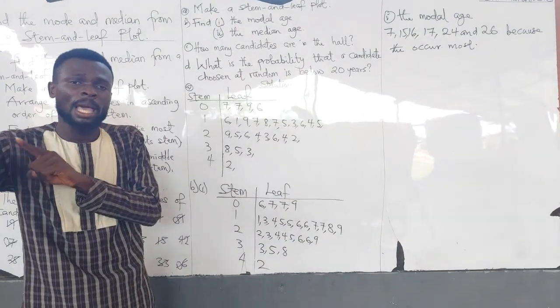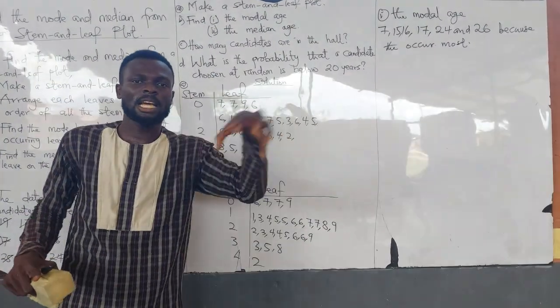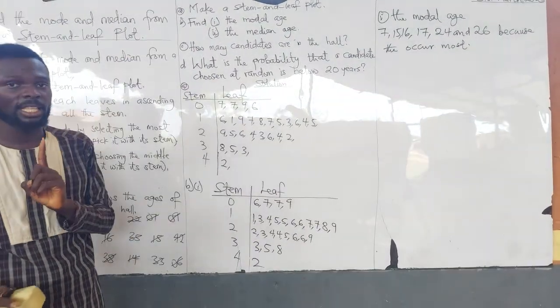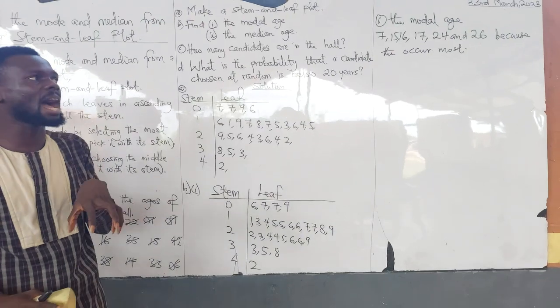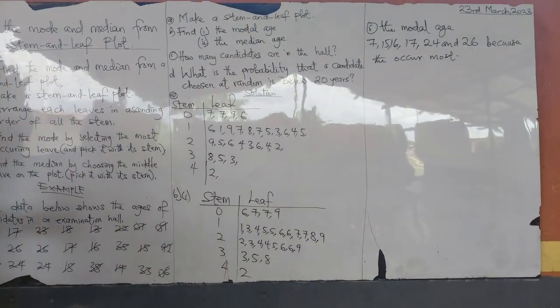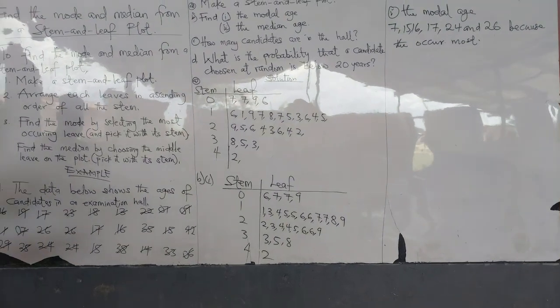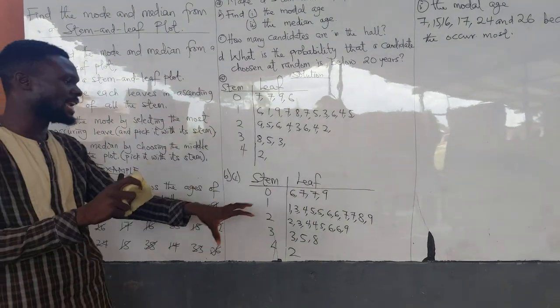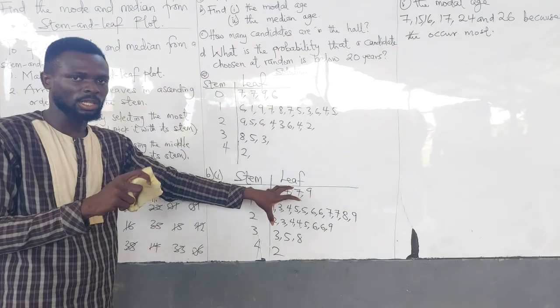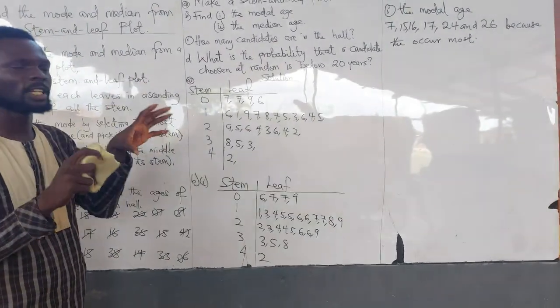But if one was able to occur 3 times, then we say that number is the mode. And this is how we solve for the mode on a stem and leaf plot.